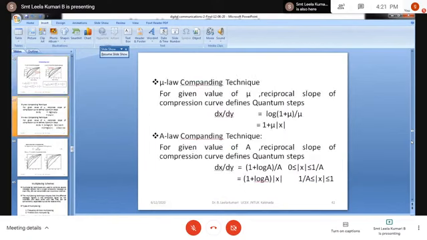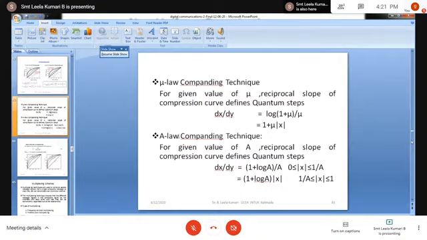Here one parameter is defined in A-law and Mu-law compounding techniques: the reciprocal slope of the compression curve defines the quantum steps. dy by dx indicates the slope of the compression curve, whereas dx by dy indicates the reciprocal slope, which for Mu-law is given by log of 1 plus mu divided by mu.